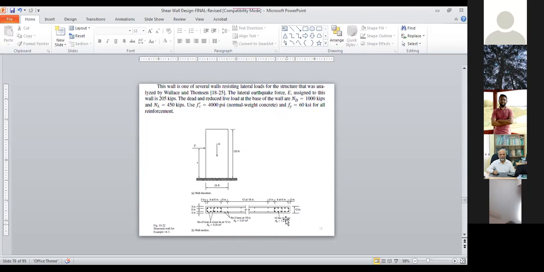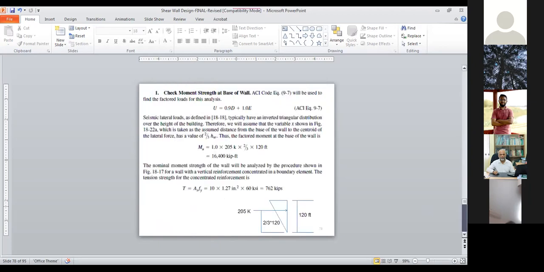Your area is 1.27 inches square for each bar. For number 9, you know that area is 1 inch square. Number 10, you have 1.27 inches square for each bar. You have 10 bars. So 10 into 1.27 into 60 ksi, you have 762 kips.